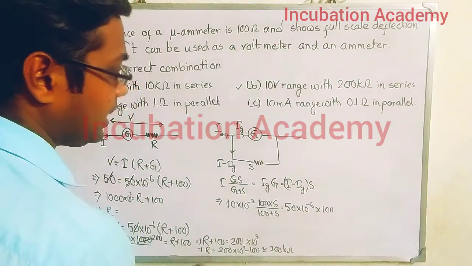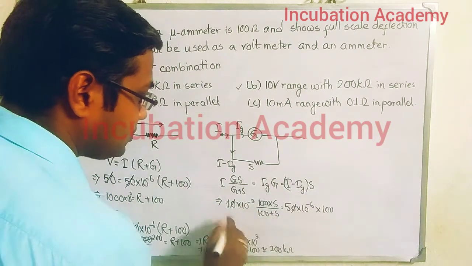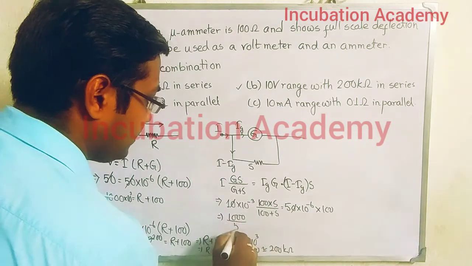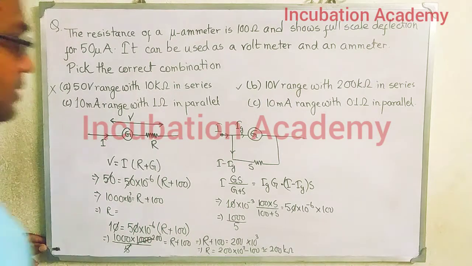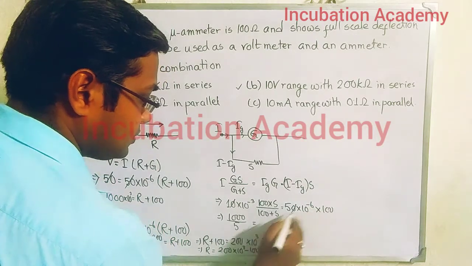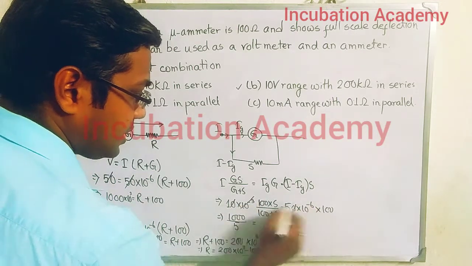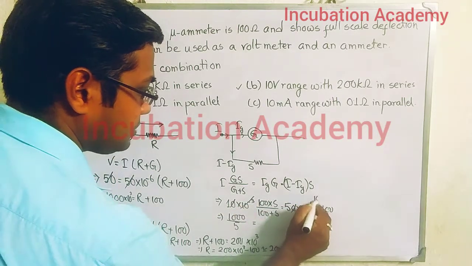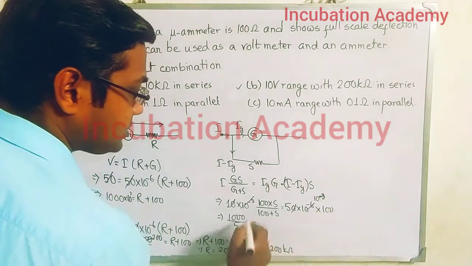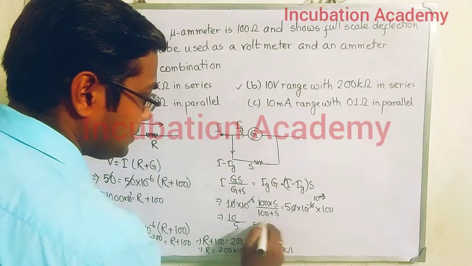The zeros cancel out, and 10 to the power minus 3 over 10 to the power minus 6 becomes 1000 divided by 5. Then 10 to the power minus 3 into 100 becomes 10 to the power minus 1, so it simply becomes 10.